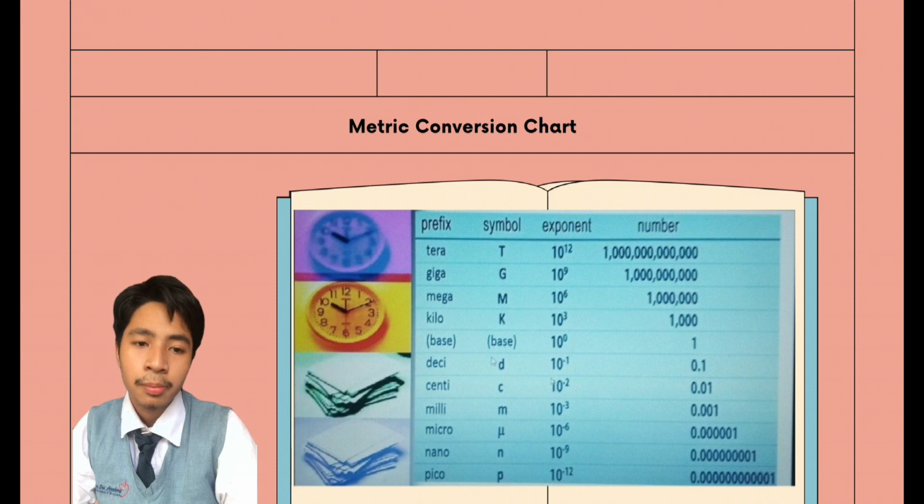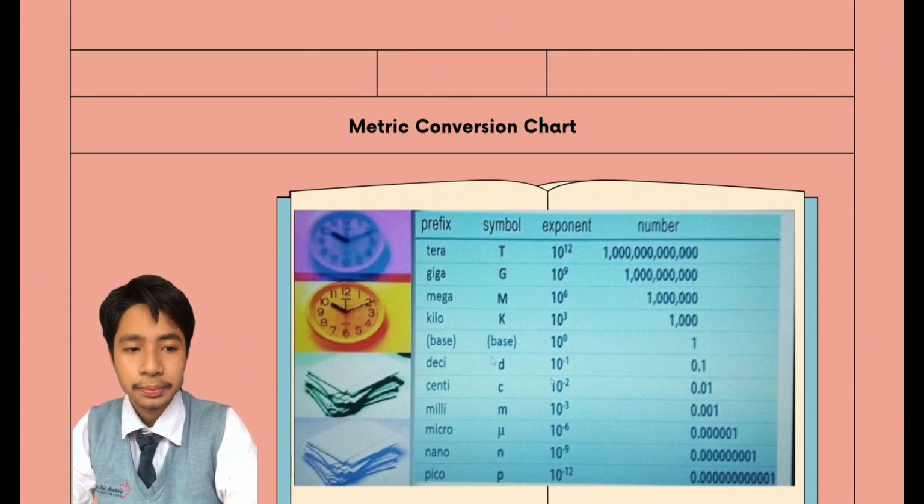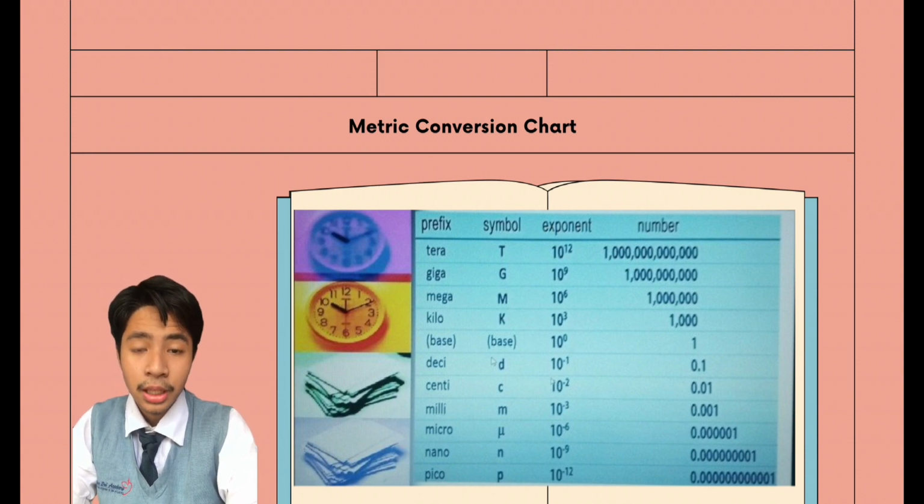The base units have 0 exponent, or in other words, 10 raised to 0. We have here deci, D, 10 raised to negative 1, centi, C, 10 raised to negative 2, milli, M, 10 raised to negative 3, micro, 10 raised to negative 6, nano, 10 raised to negative 9, and pico, 10 raised to negative 12.